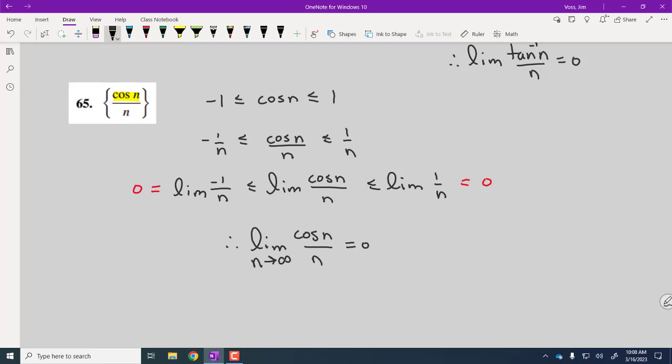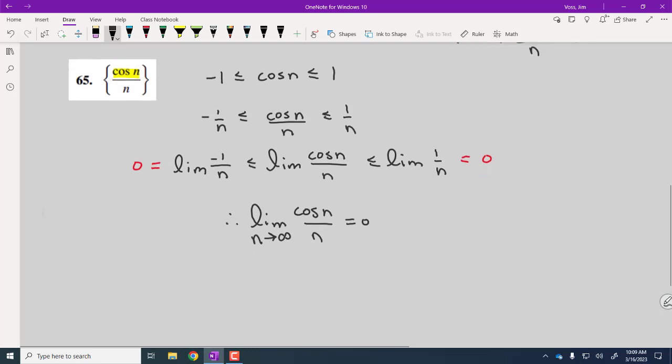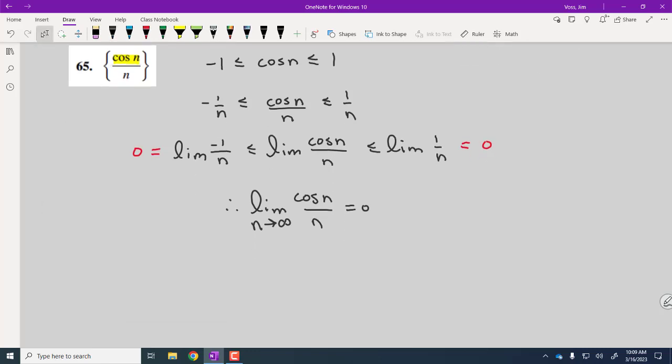Let's think about the result here for a moment, because there is an important concept here. This is how we formally prove that the limit is 0. But let's think about what's happening in here. When we go inside, we see a fraction where the denominator is growing without bound, and the numerator is not constant, but it is bounded.